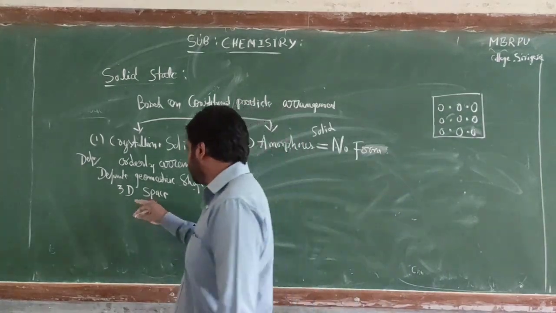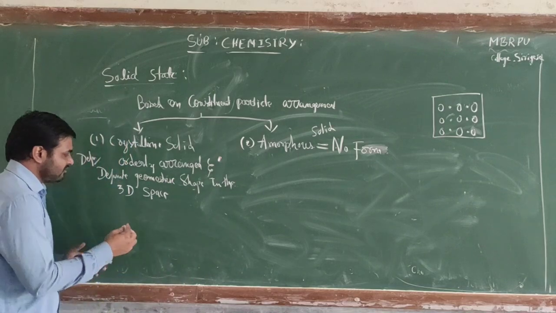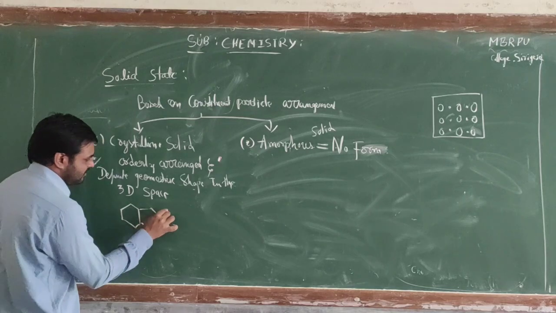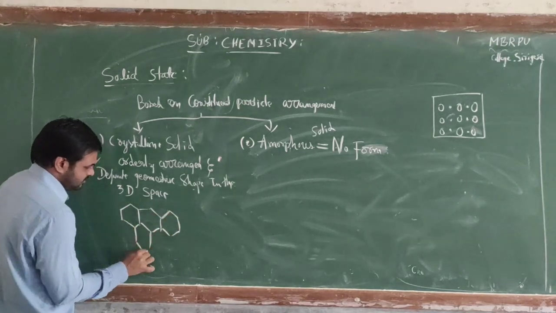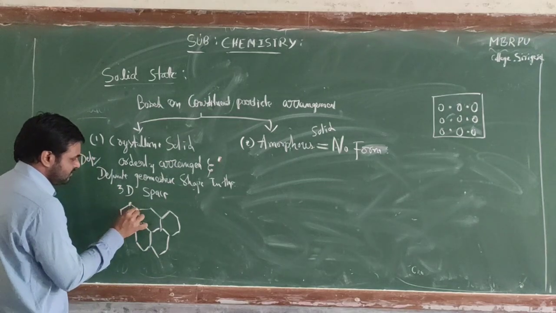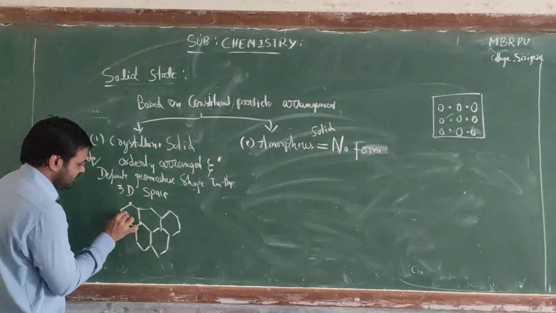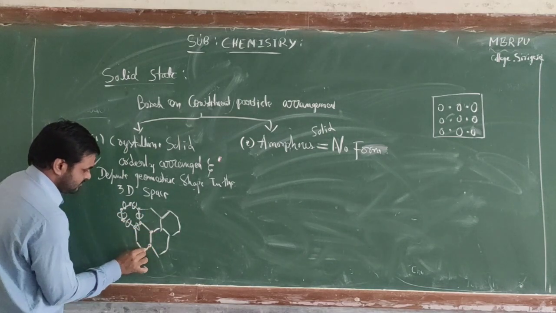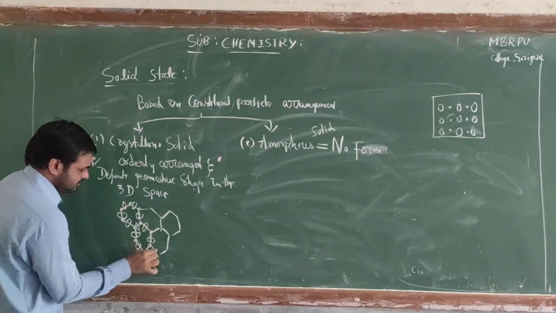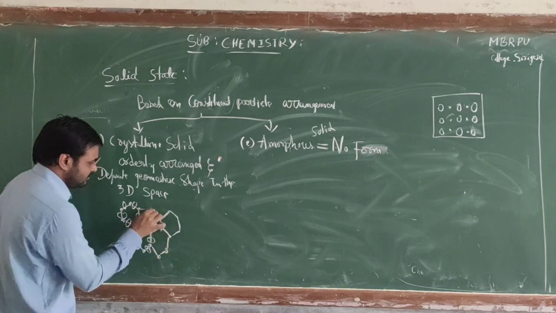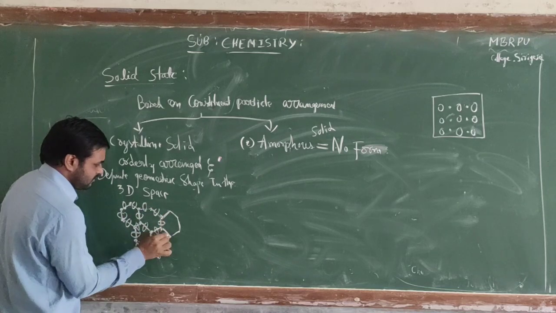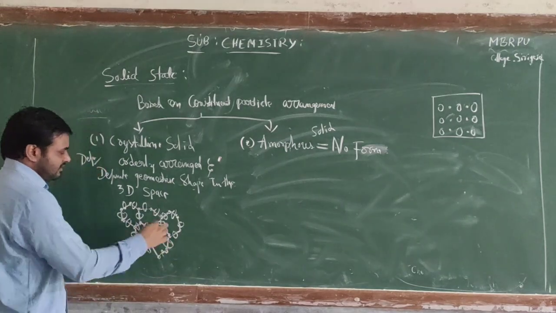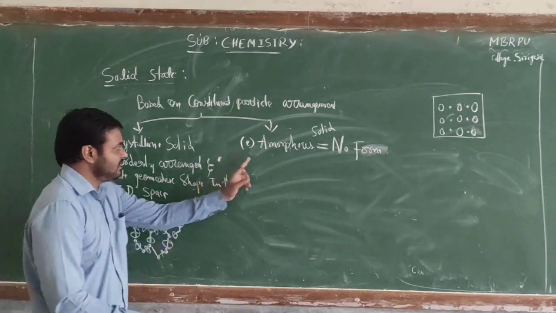So in the three-dimensional space, when we look there, for example, this is a two-dimensional example. This looks like an arrangement in order.